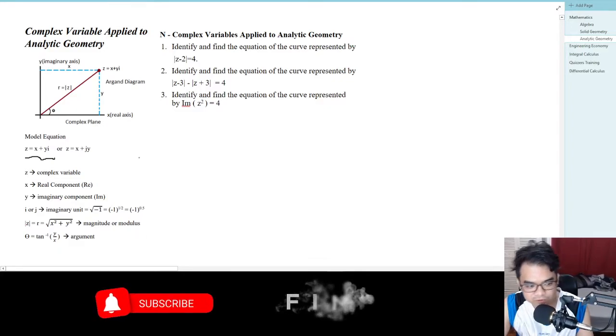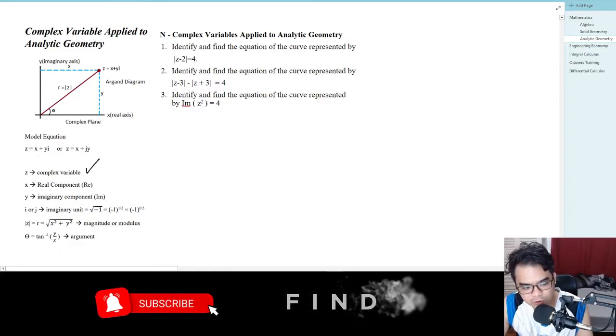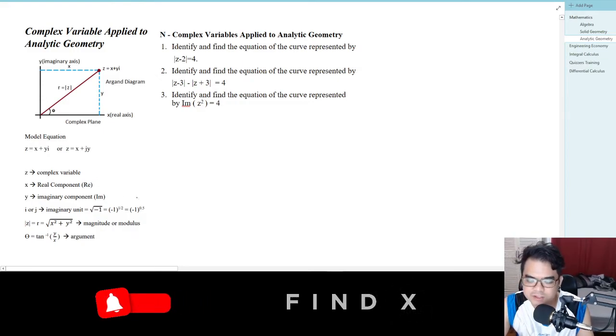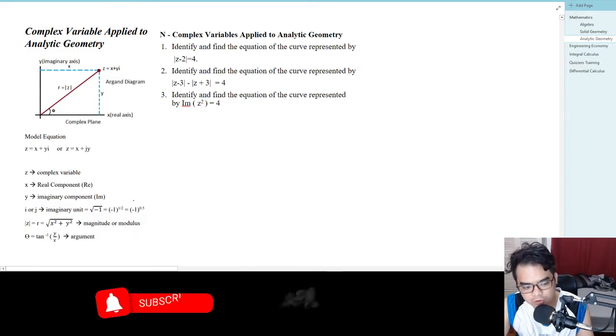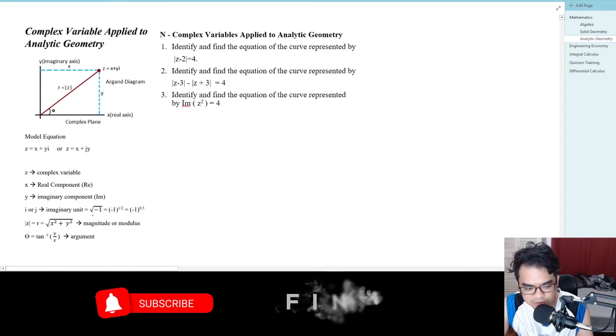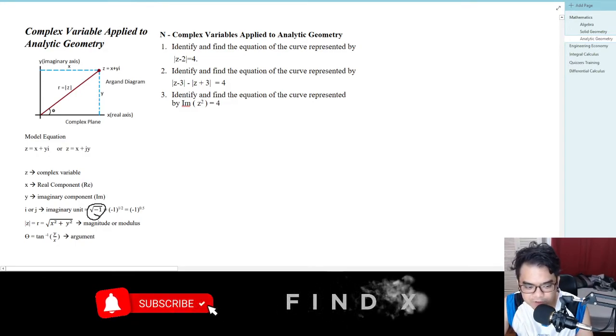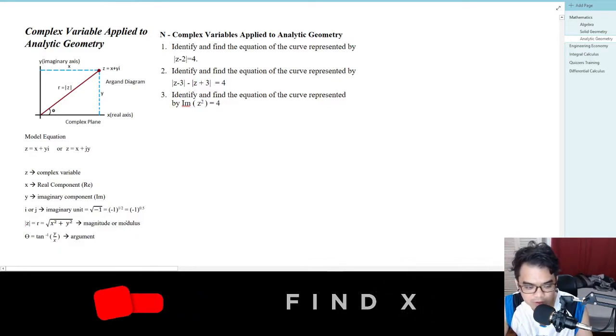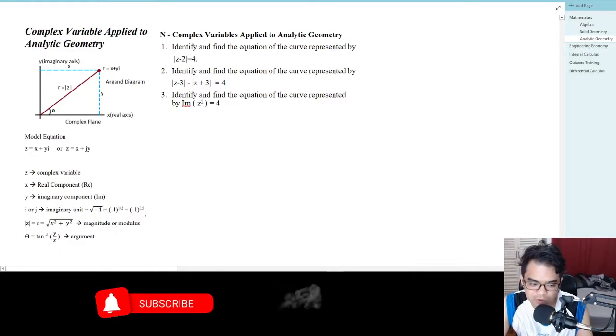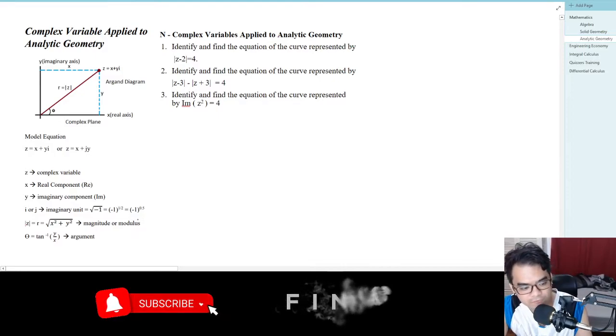Either of the two is fine. Your z will be your complex variable, x will be your real component, and y will be your imaginary component. Your i, or the imaginary unit, represents the square root of -1, or it is also equal to -1 raised to 1/2, or -1 raised to 0.5.